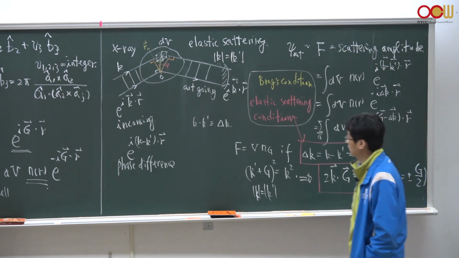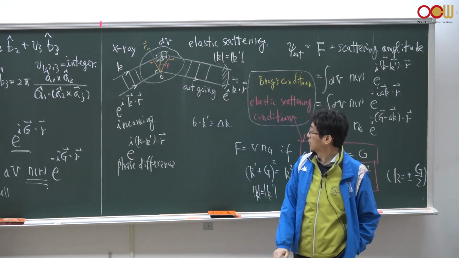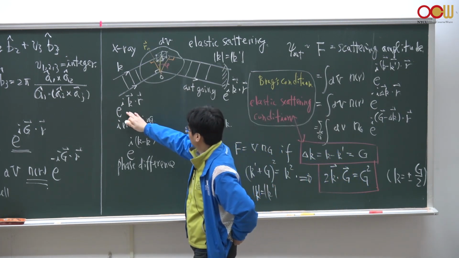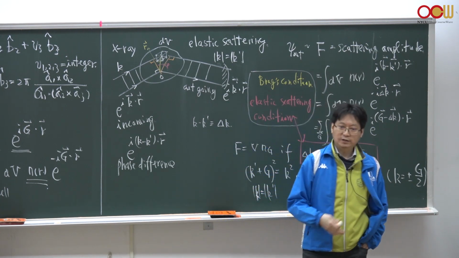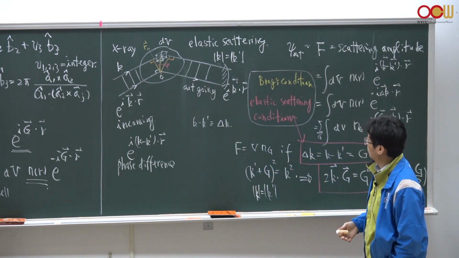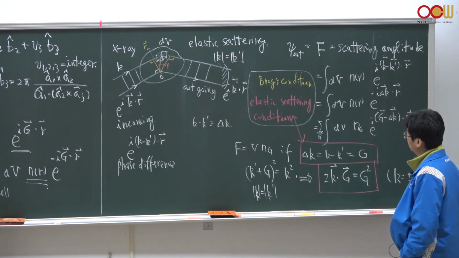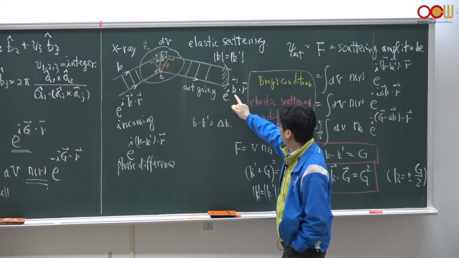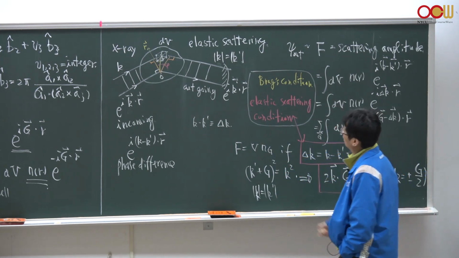So also there is a phase difference between the incoming and outgoing electron. This plane wave like object mimics the incoming wave function of this X-ray particle, and this e to the i k' dot r represents the outgoing wave function of this X-ray.